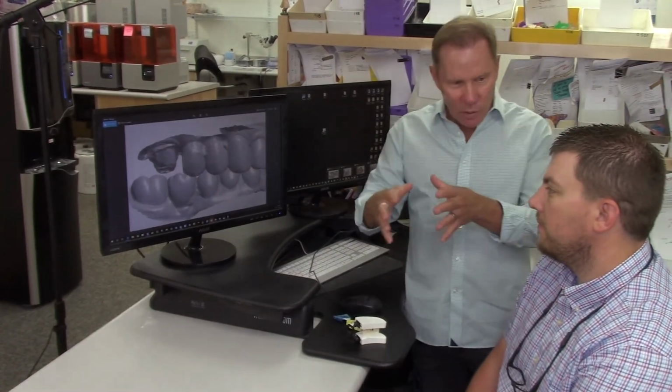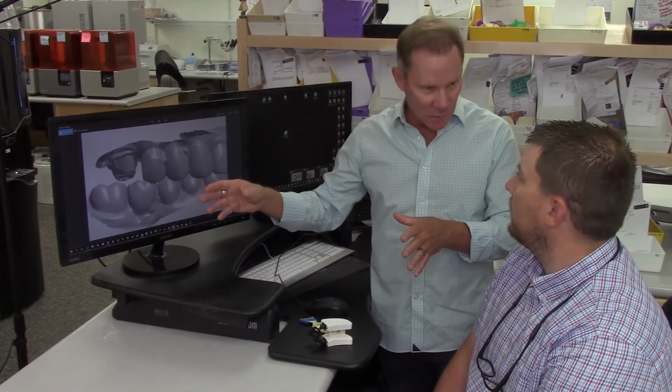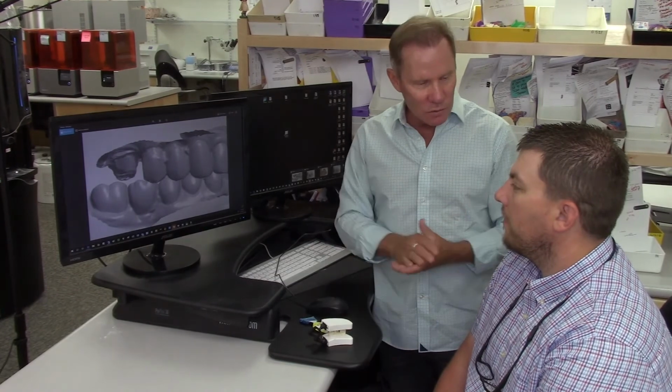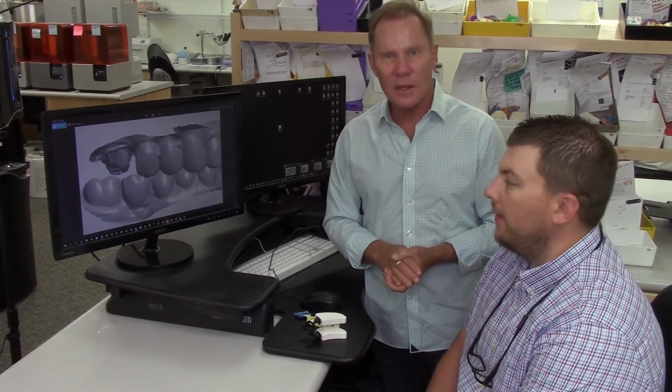Is there any input? Where do you think we're going with this? I know we're having more doctors, obviously, send us digital impressions because they're more accurate and we're getting them more affordable. Where do you think we're going with this? For a lot of the single restorations, especially digital, I've heard nothing but positive feedback from the doctors. We've had several doctors that send in traditional impressions, and we've had issues here and there, and we've tried to resolve them.